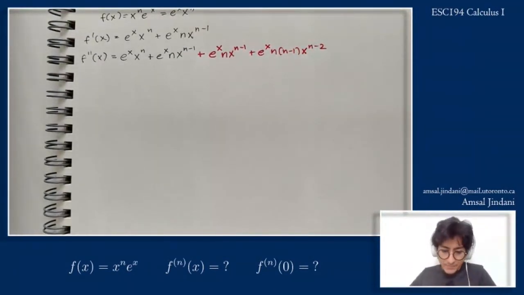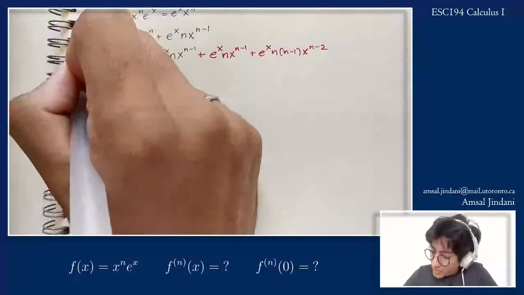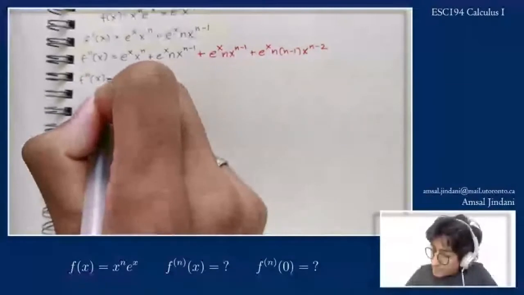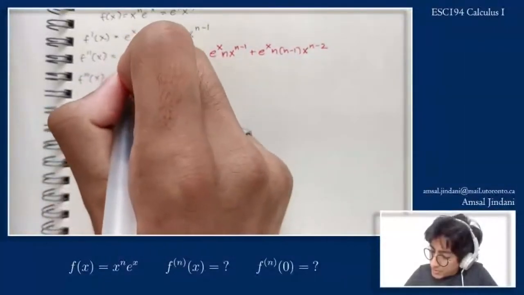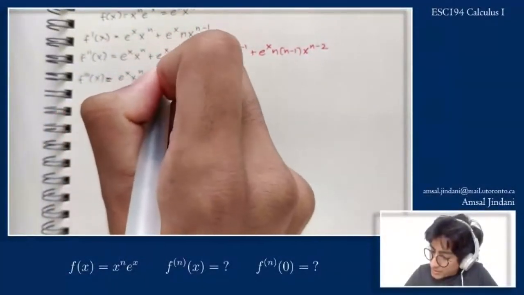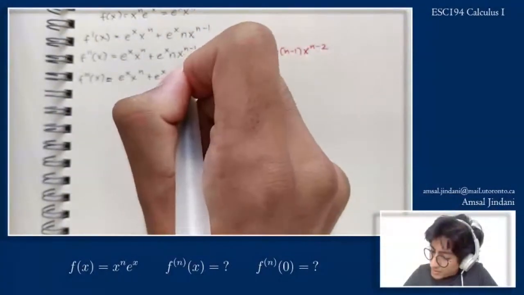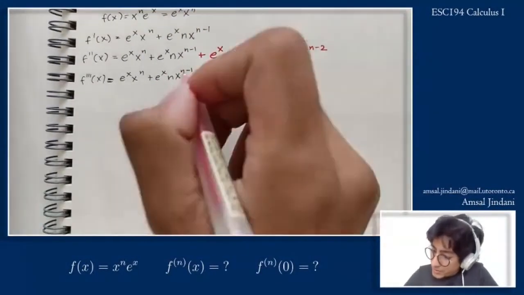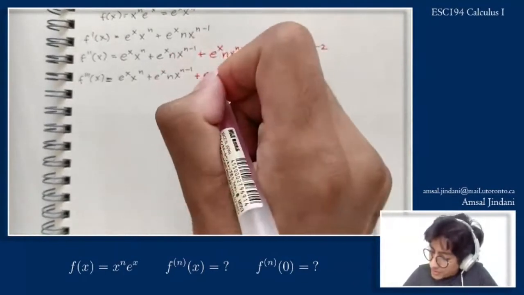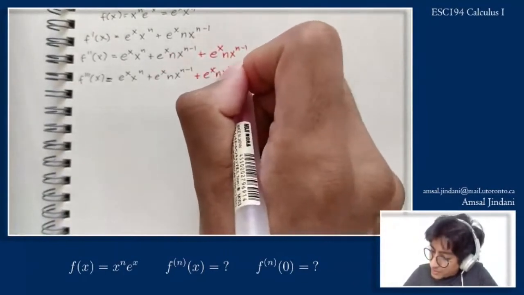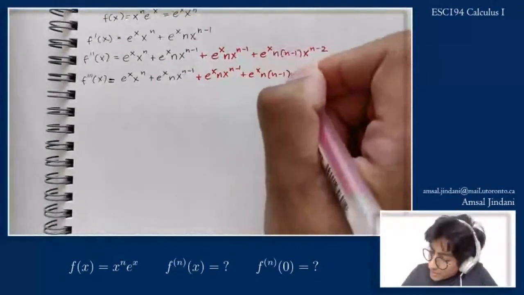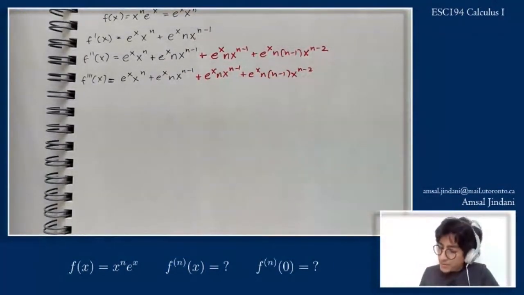Right? Okay. And then I'm going to do one more derivative. The derivative of the first expression gives the same thing, x to the n plus e to the x, n, x to the n minus 1. When I differentiate the second expression, I get e to the x, n, x to the n minus 1, plus e to the x, n, n minus 1, x to the n minus 2.